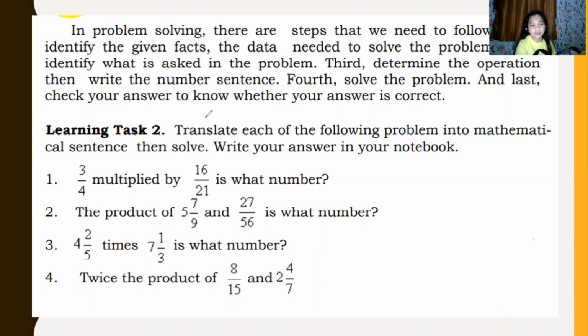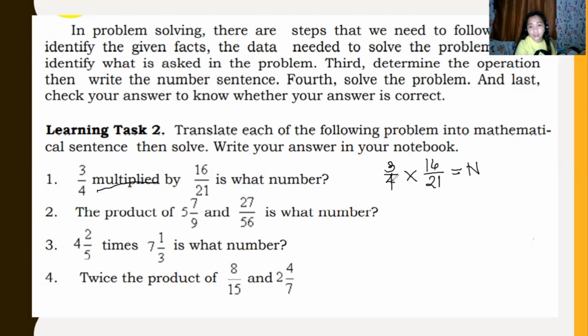Here, let us first translate. We have multiplied by, that means multiplication. We have 3/4 multiplied by 16 over 21 is what number? So that is for number 1. And then let us solve. Here we can use cancellation.